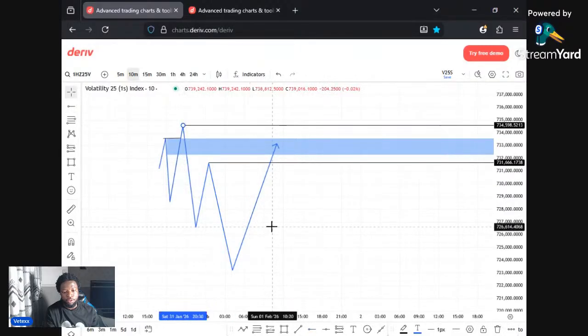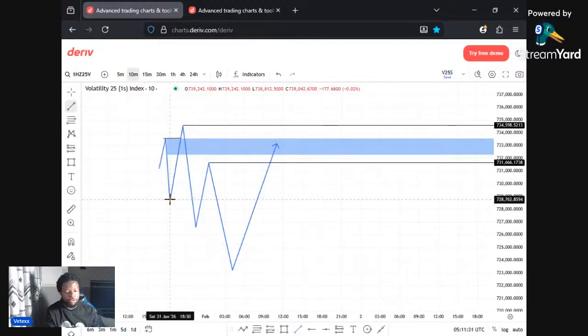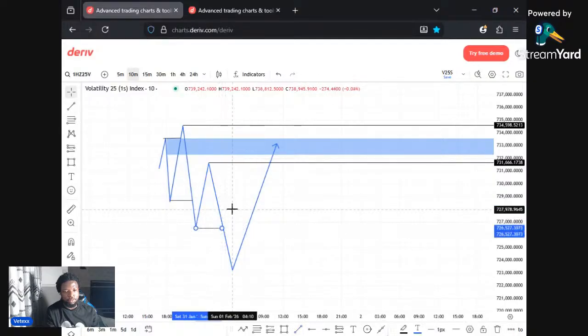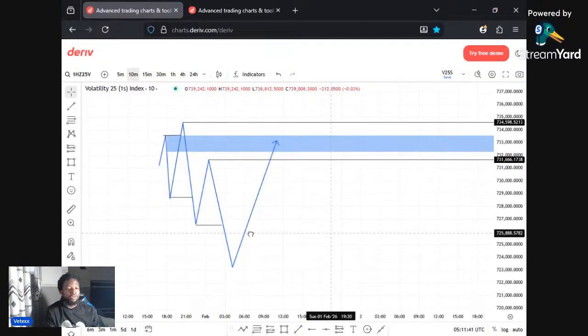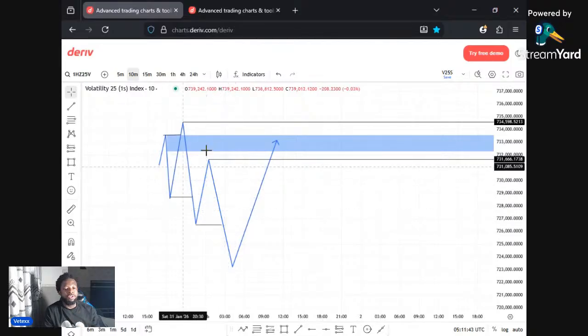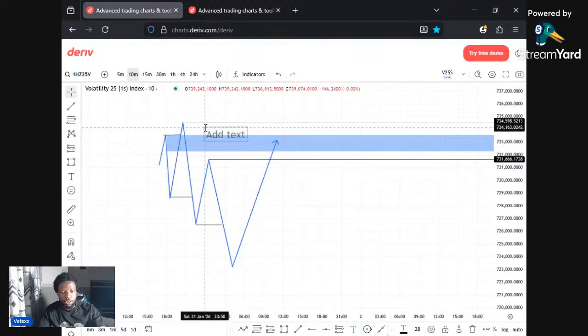Okay. Remember, this is the first break of structure, and then this is our second break of structure. Right. Now, if you are doing top down analysis, take for example, this is your weekly time frame. All right. Let's have this time frame as our weekly or daily.